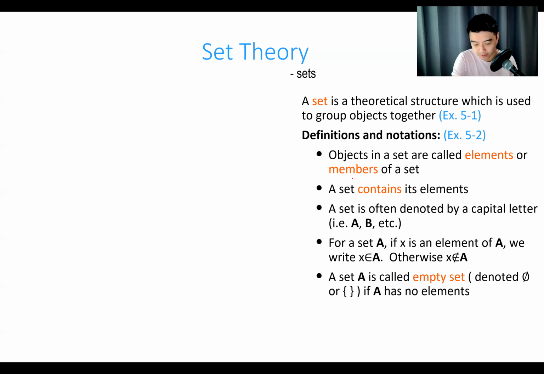For example, I can give you a set A equal to all SFU students. And B could be all discrete math students, let's say.